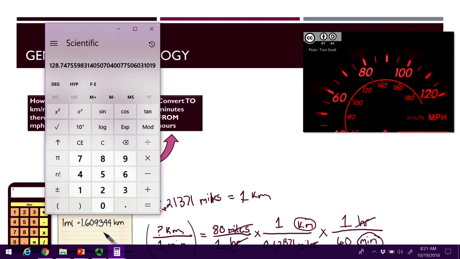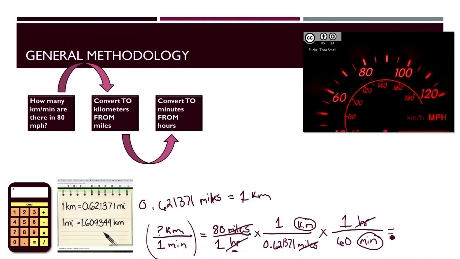And I still have that same number. And then I can divide by 60, and now I'm in the units of kilometers per minute. So how fast am I driving? If I'm driving 80 miles per hour, I'm driving around 2 kilometers per 1 minute, right?